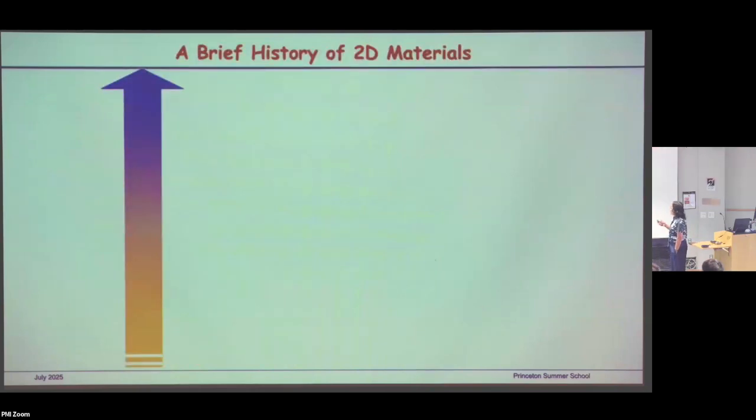Okay, so now here's a brief history of 2D materials. In the prehistory, they start with the study of monolayer graphite on metal surfaces.